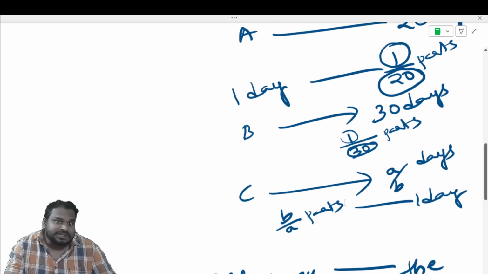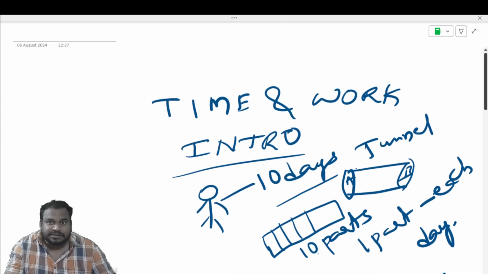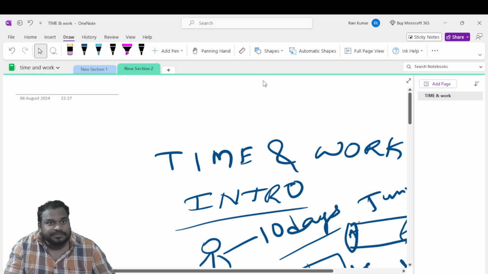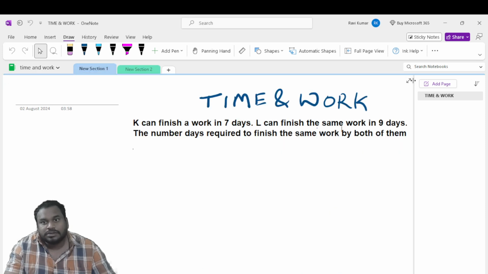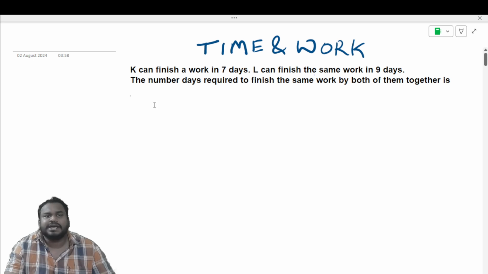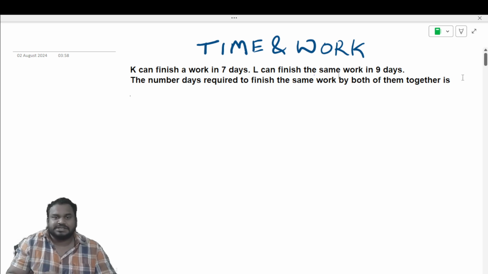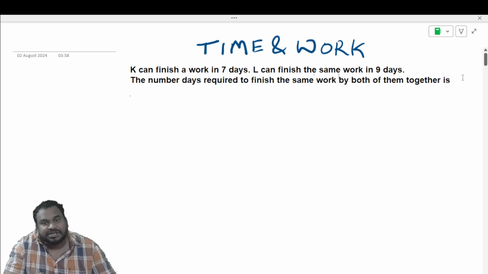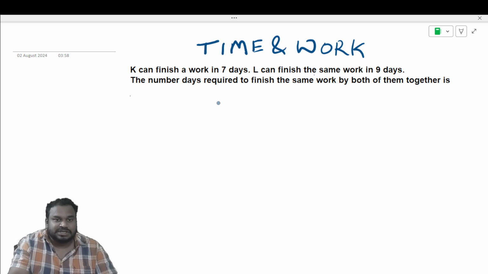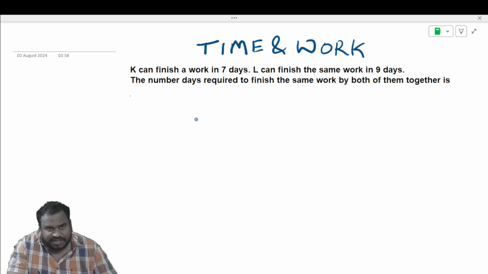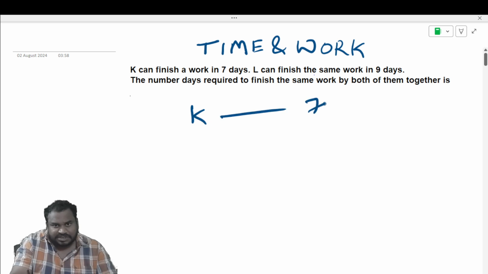If you go with the examples, you will understand it more easily. K can finish a work in 7 days. L can finish the same work in 9 days. The number of days required to finish the same work by both of them together is, see, K can finish the work in 7 days, so his efficiency is 1 by 7.